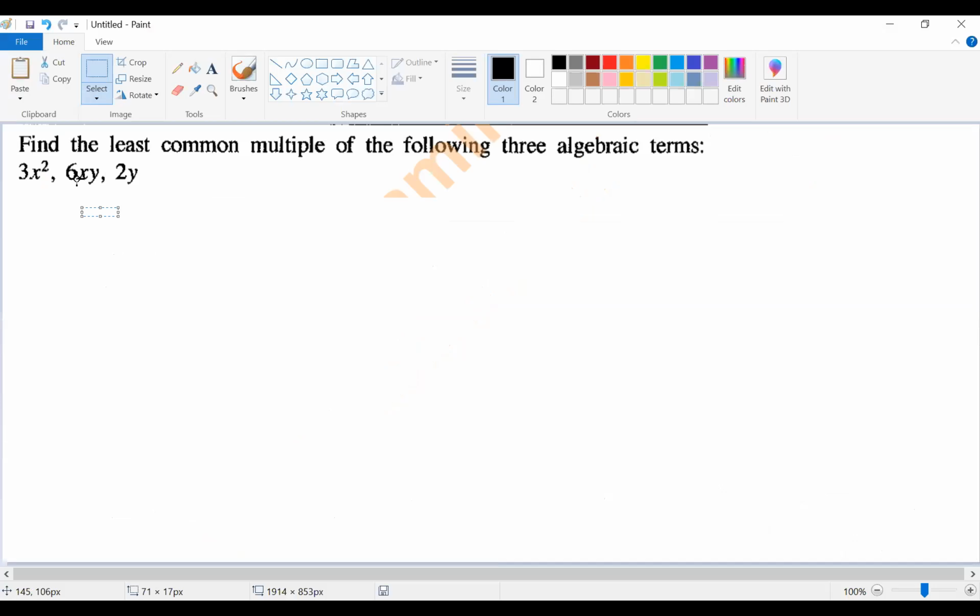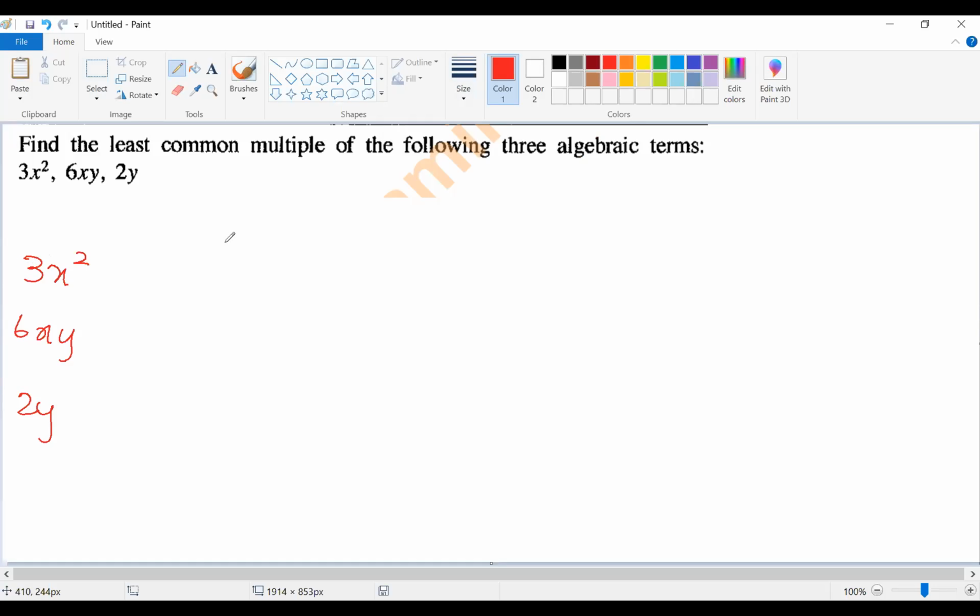So here, 3x square. First of all, we can take 3x square and then 6xy and 2y. Here there are three terms.